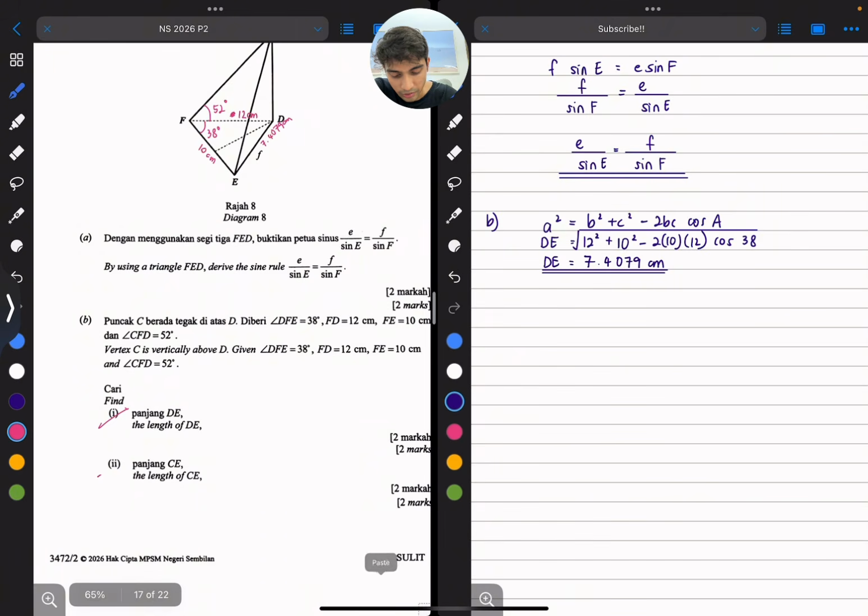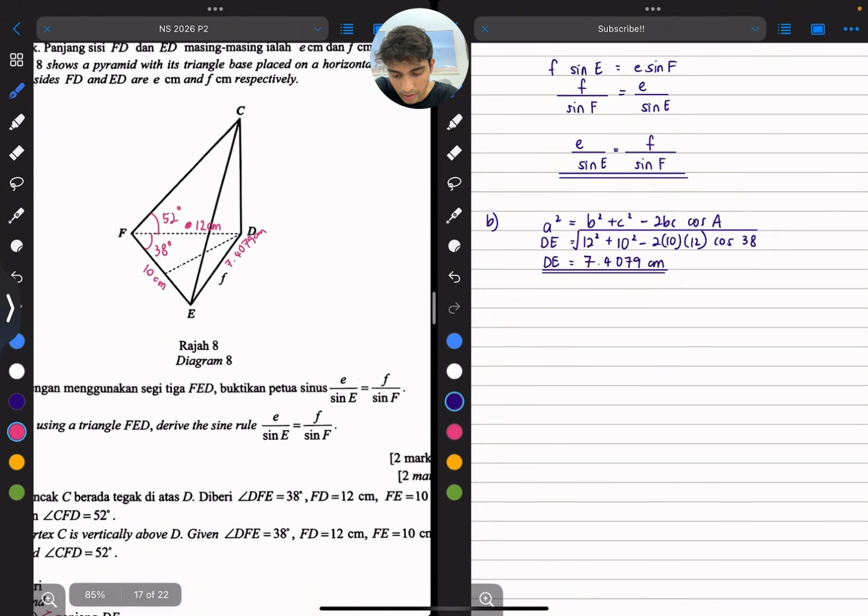Next, find the length of CE. CE is here. Okay. So we have this triangle, and then we have this triangle. Both are right angle triangles because they said C is vertically above D. That means CFD here will be a right angle, and this triangle CED here will be a right angle.